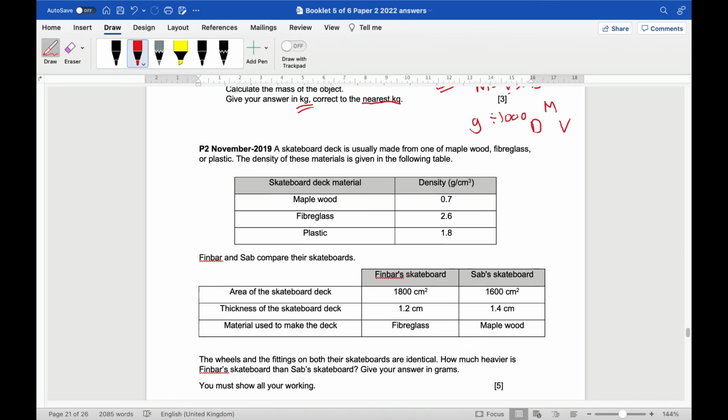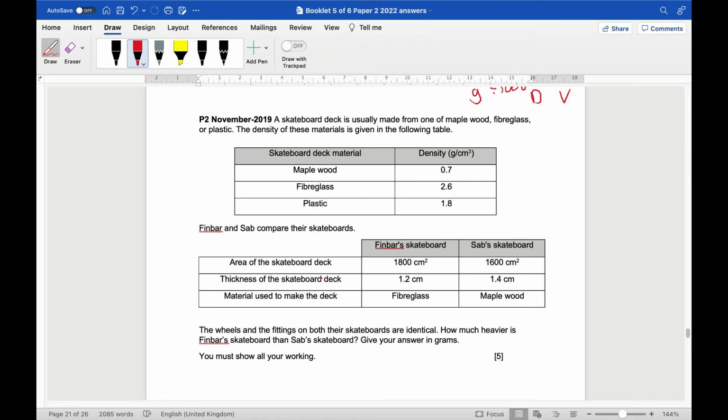Now, the next question is only about density, nothing to work out. So what we've got here is two skateboards, Finbar's and Sab's, okay? Area, another word for thickness, depth. Times those together, I get the volume of that one. Times those together, I get the volume of Sab's skateboard. I'm then told what they're made of: fiberglass, which has a density of 2.6, and maple wood, which has a density of 0.7.